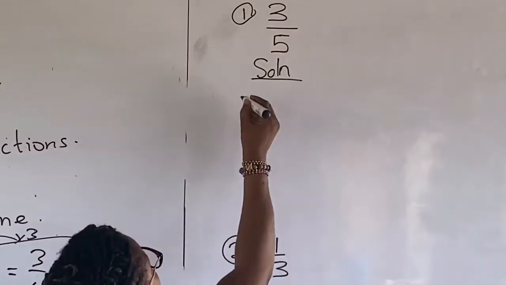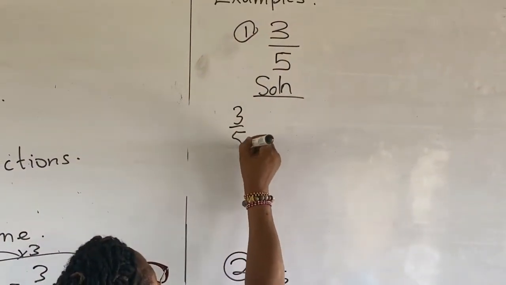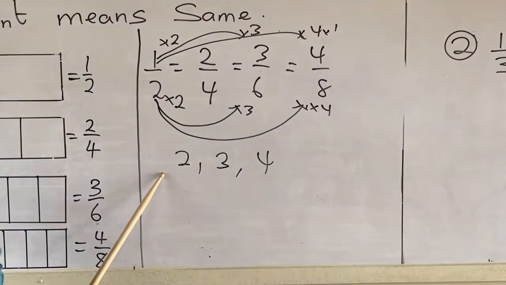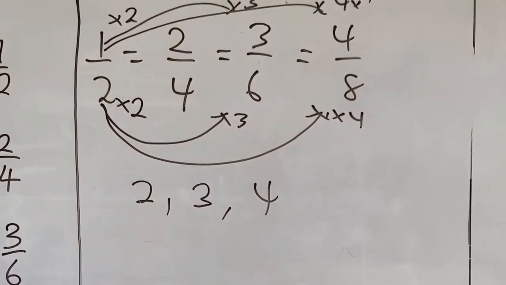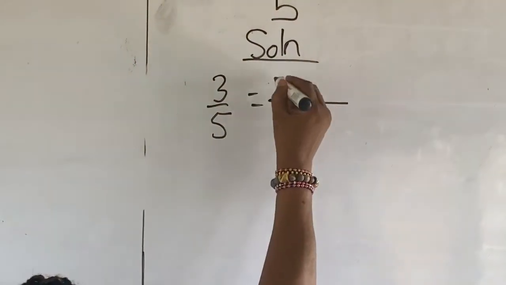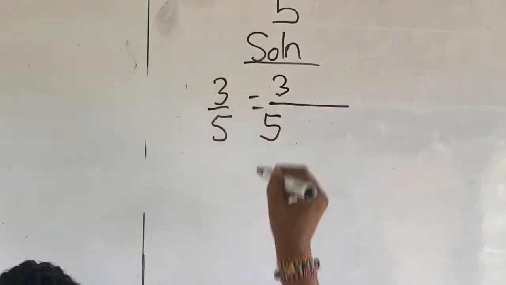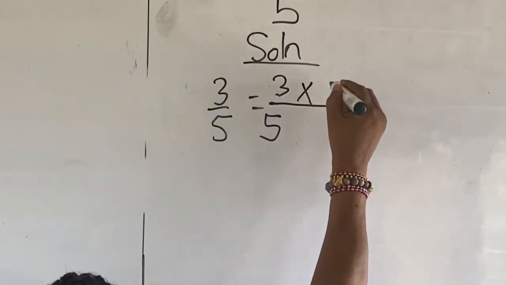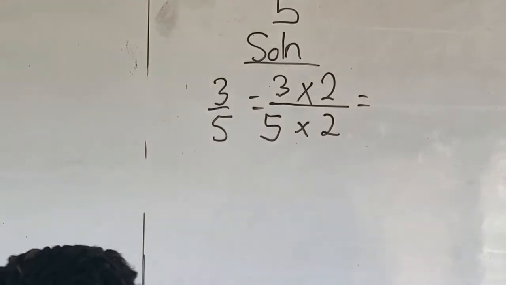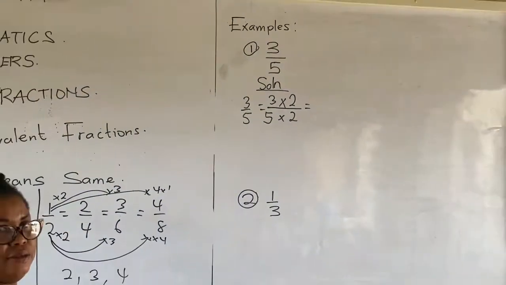This is how we go. 3 over 5 is equal to the first one. We are going to work with 2 as we did here. So, put down your line or your bar. Repeat your given fraction. Multiply the numerator by 2, the denominator by 2.